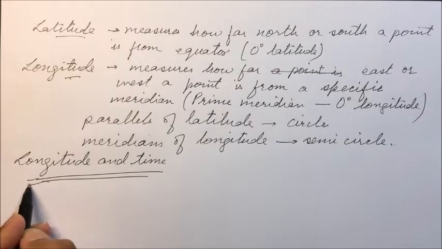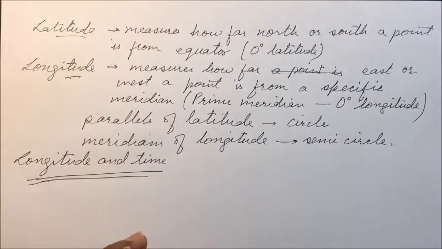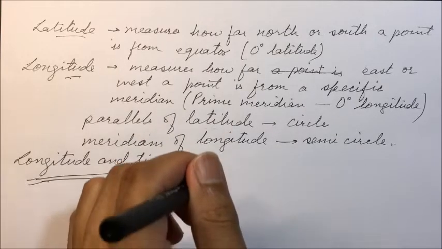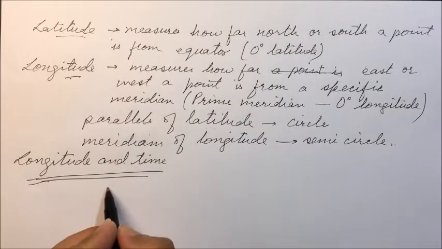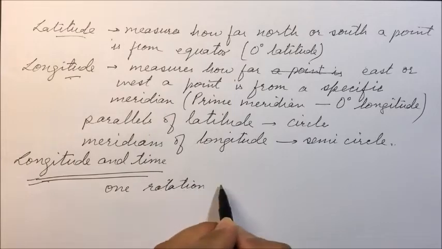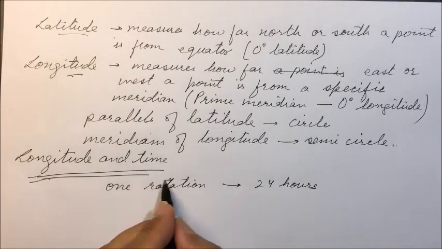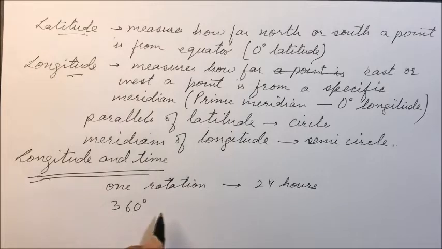We will be discussing the topic longitude and time. As we know, earth rotates and completes one rotation in 24 hours. In one rotation we have 360 degrees, which means 360 degrees of longitude are covered in 24 hours.